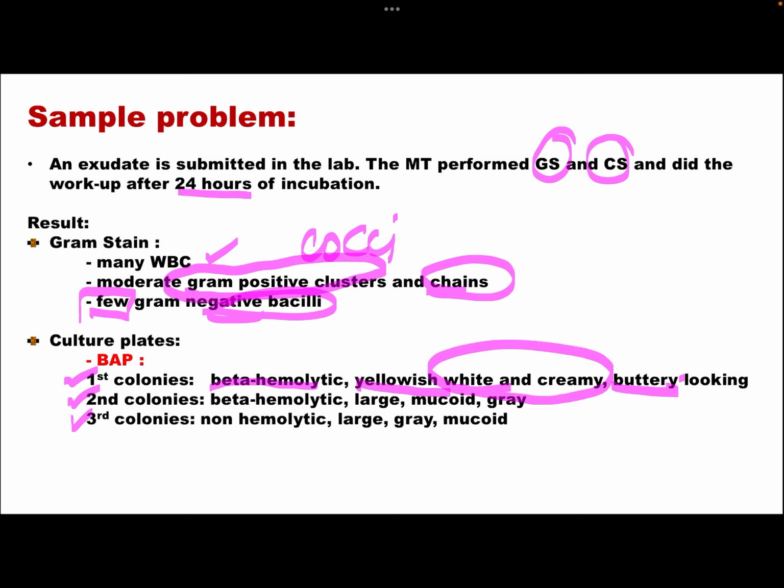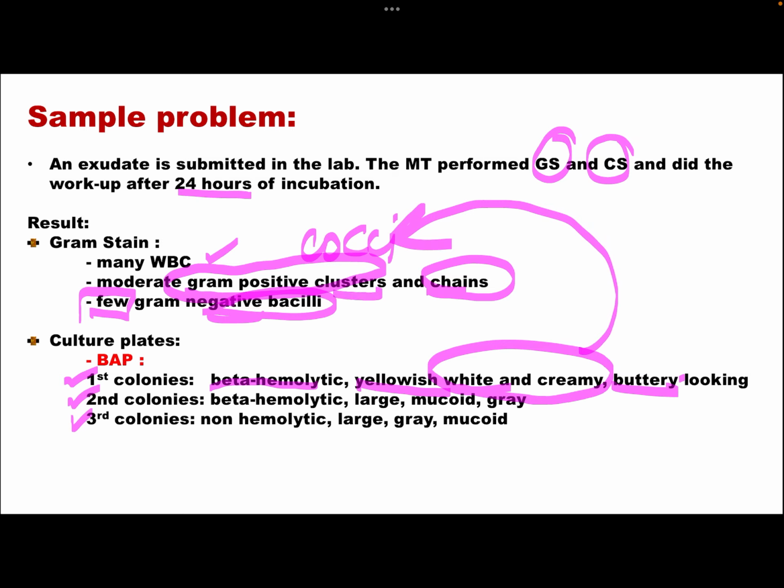So if you are a medical technologist, I know that you already have an idea on the morphologic characteristics being described for the first colony. Creamy and buttery looking might speak of the presence of gram-positive cocci.